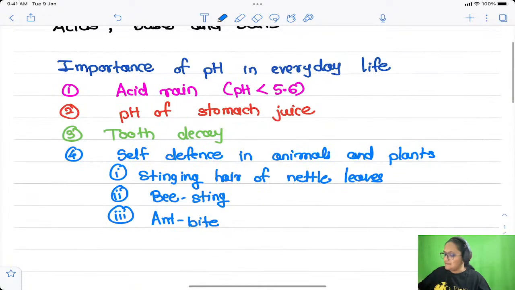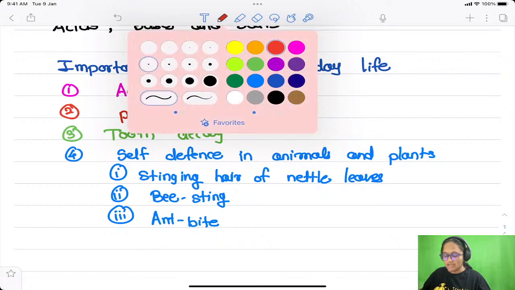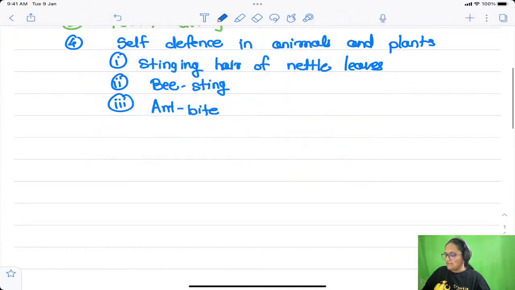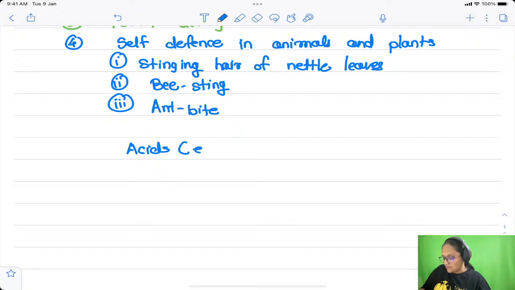Okay, these chemicals which are released in their attacks contain acids. For example, methanoic acid, also called formic acid.